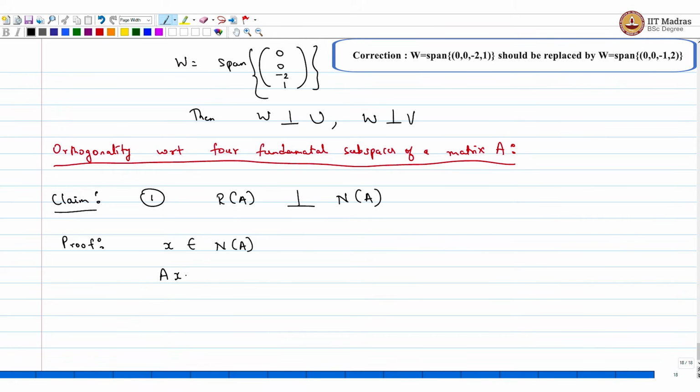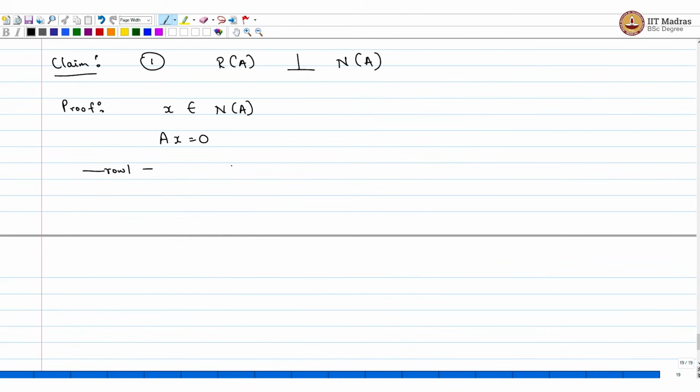then it just means that Ax equals 0. A is M cross N, unless specified explicitly that it's a square matrix. Assume it's some M cross N matrix.